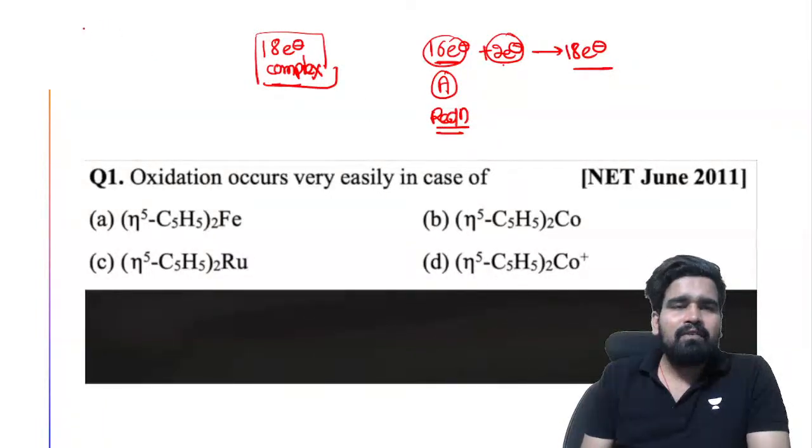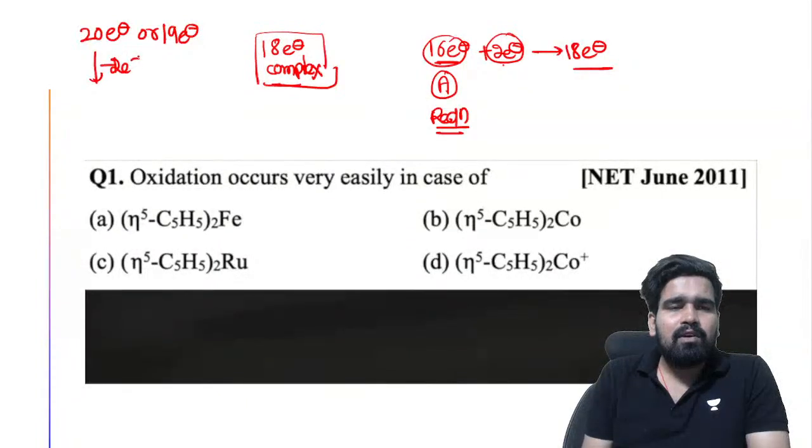Similarly, if any complex has, for example, 20 or 19 electrons, these complexes can easily lose 1 electron or 2 electrons to convert into a stable 18 electron complex.